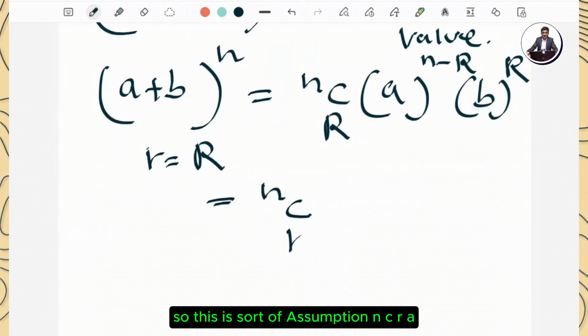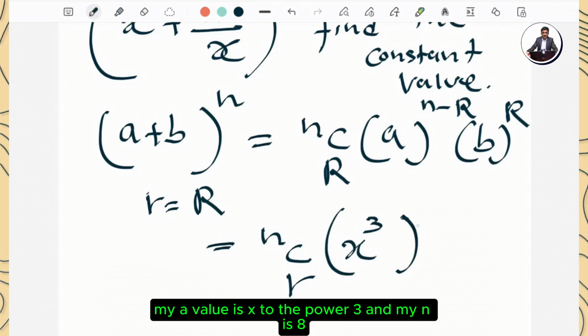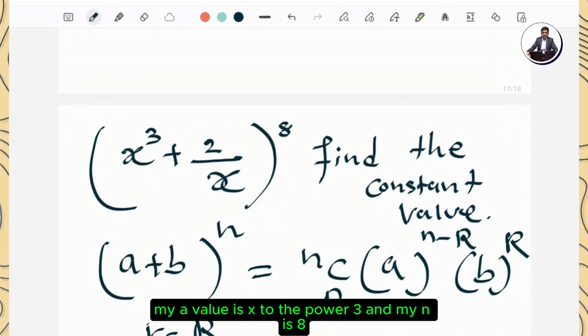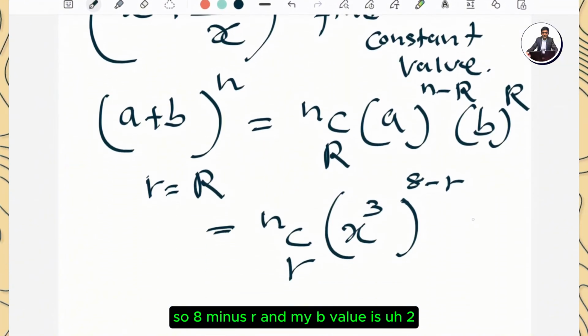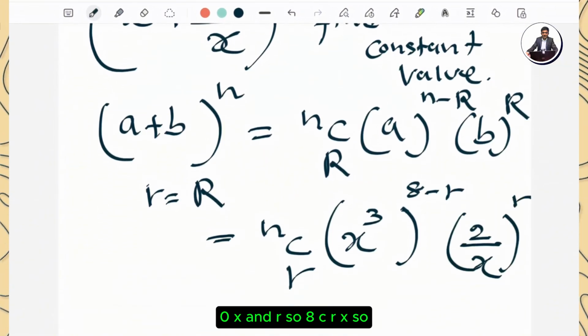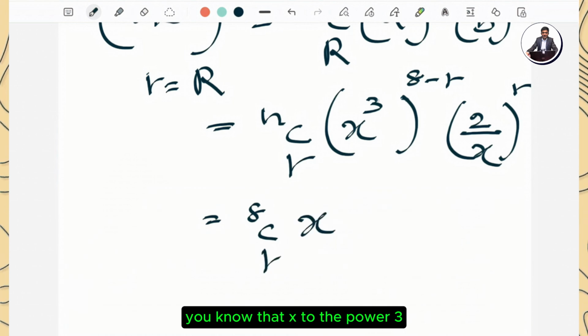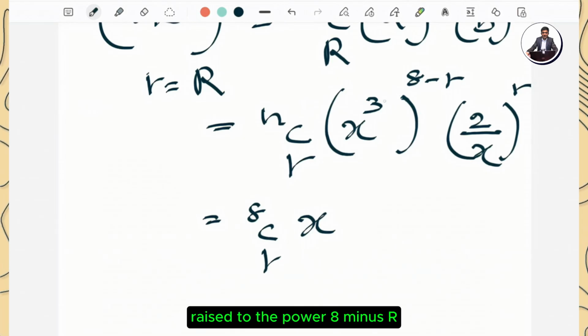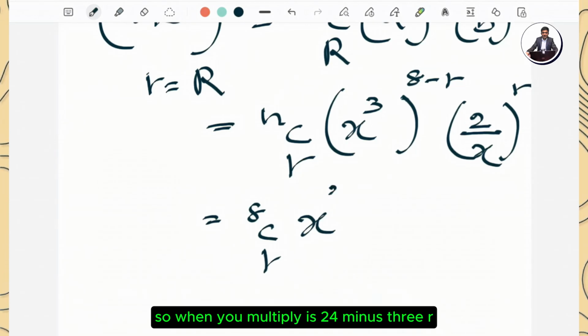nCr a^(n-r) b^r, where my a value is x^3, my n is 8, so 8 minus r, and my b value is 2 over x, to the power r. So 8Cr, x^3 raised to the power 8 minus r. You multiply by 3 to get 24 minus 3r.